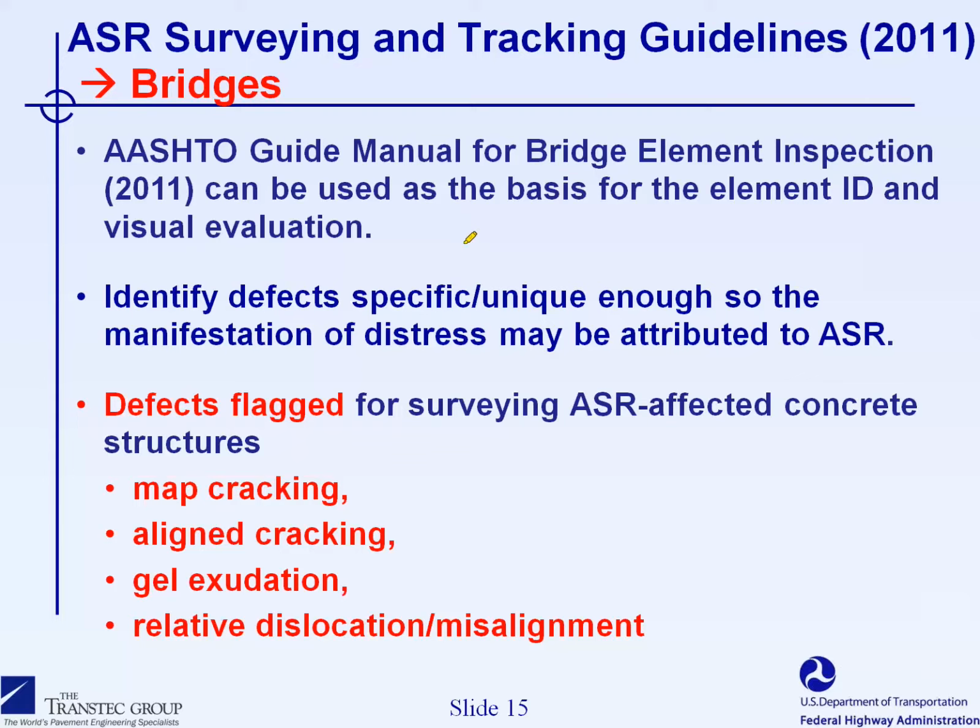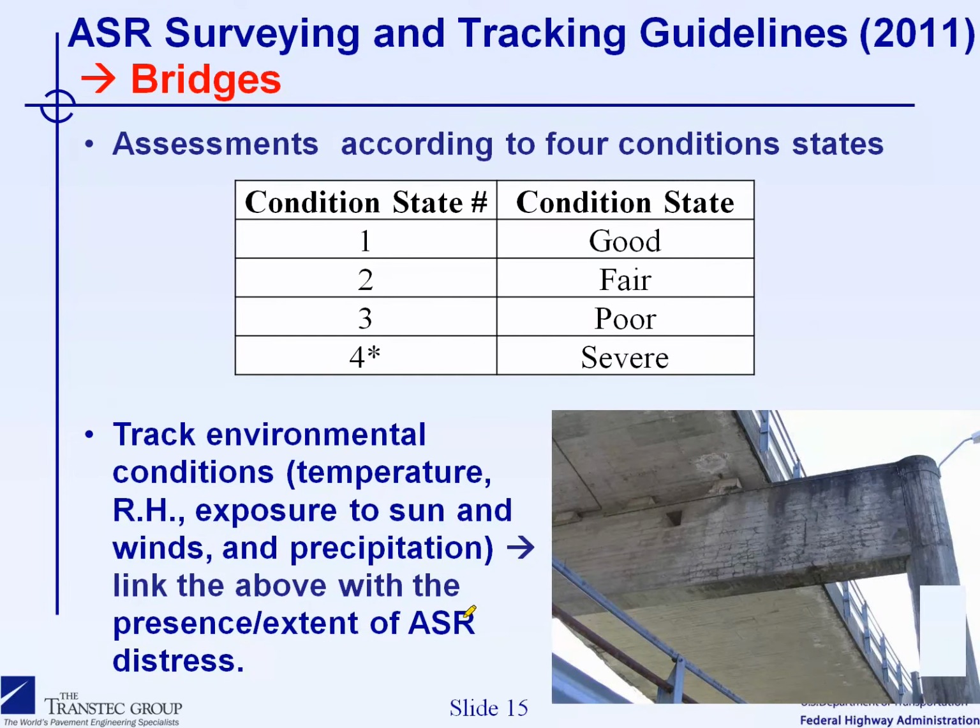So those defects are particularly related to ASR, not necessarily specific to ASR, but present when ASR is affecting concrete structures. Those elements that are being flagged by the inspector will be map cracking, align cracking, gel exudation, and relative dislocation and misalignment.